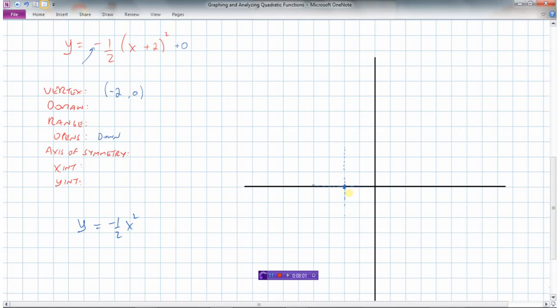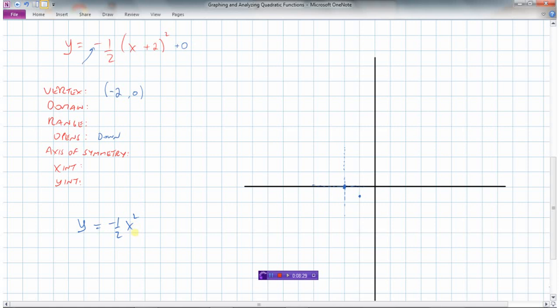From this point right here, we're going to graph y equals negative 1/2 x squared. So I'm going to make x 1. 1 squared is 1. 1 times negative 1/2 is negative 1/2. So when x is 1, if I were to go to the right one, my y value would be negative 1/2 right there. If I were to make x 2 into this equation, so it's like we're doing the table of values in our head here.